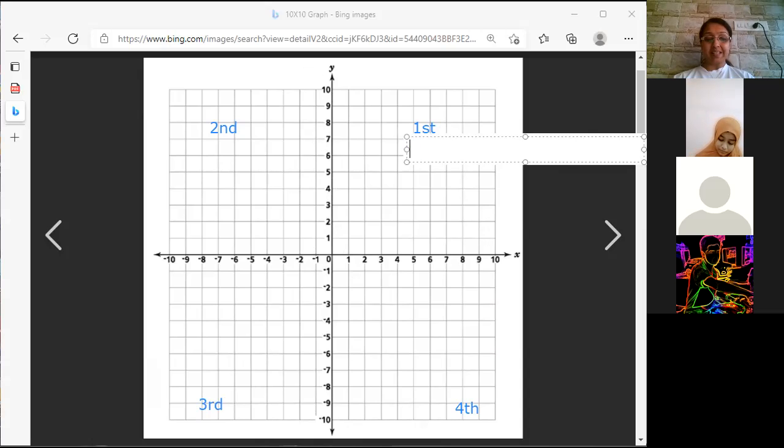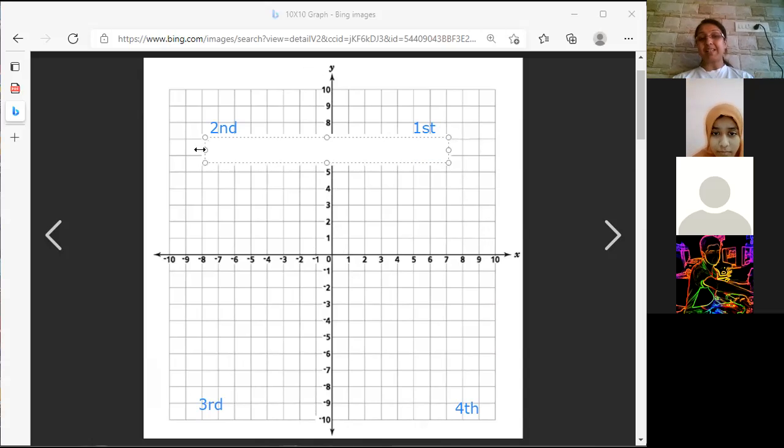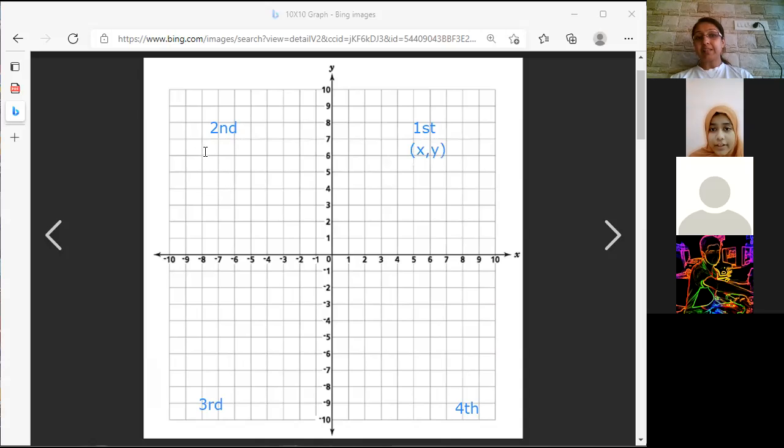So can I write it like (X, Y) because both are positive? Yes, bacha? Okay. Now when we move to the second quadrant, what can you see? What is negative and what is positive? X is negative, Y is positive. Am I right?